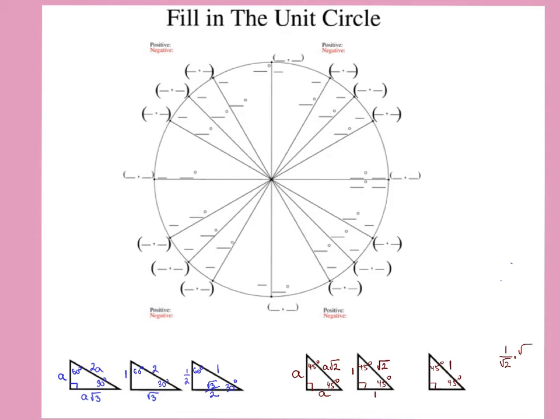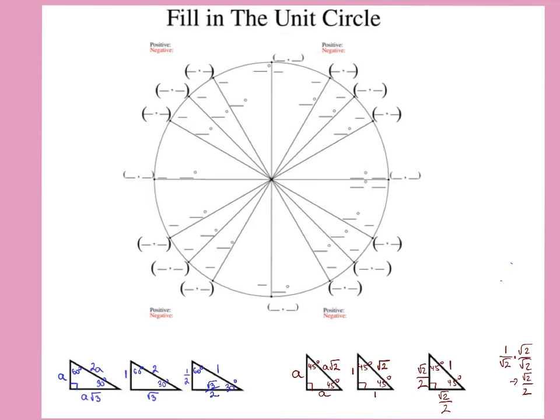So if I rationalize the denominator by multiplying by square root 2 over square root 2, we are going to have an answer of square root 2 over 2, and square root 2 over 2 for the length of the legs. These special right triangles will be important to us later as we develop the unit circle. But first, let's go ahead and talk about angle measures.